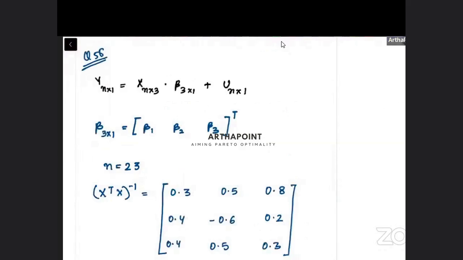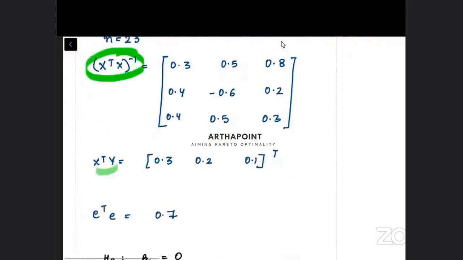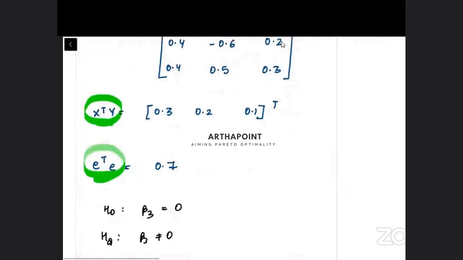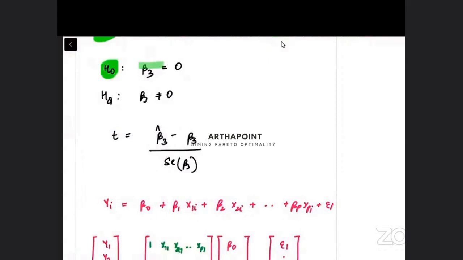So this is the model given to you. You're given some betas, X transpose X inverse, X transpose Y, and E transpose E also. The aim is to check whether beta 3 is 0 or not. So my null hypothesis is that beta 3 is 0 and my alternative hypothesis is beta 3 is not equal to 0.